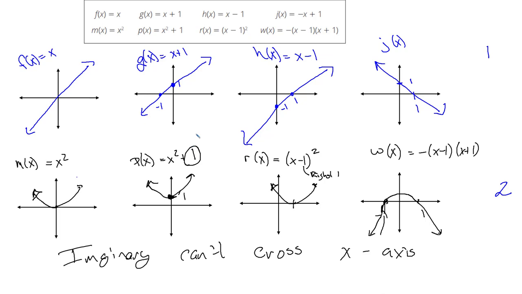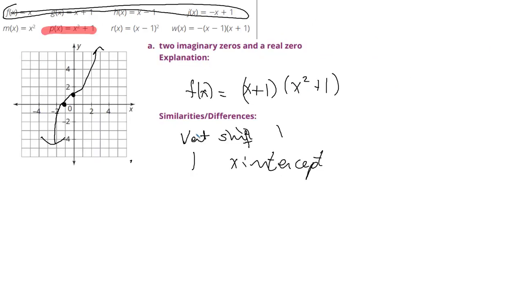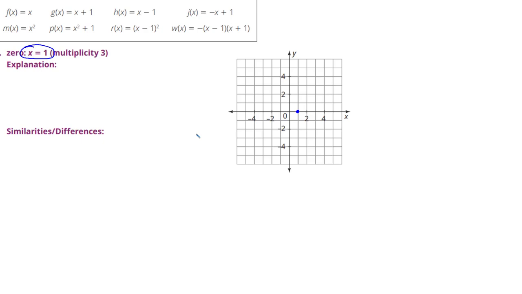You could have also done J of X and R of X. So if you did these two, your graph will look something like this.